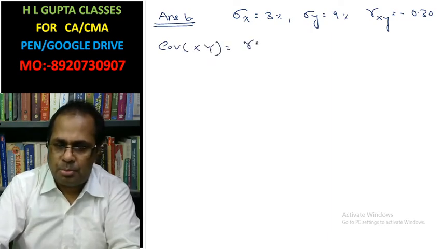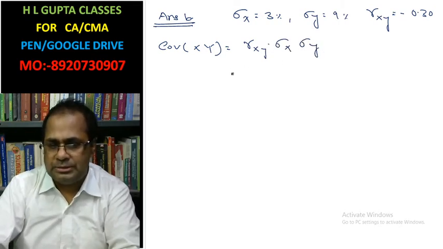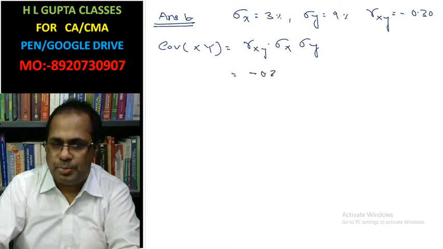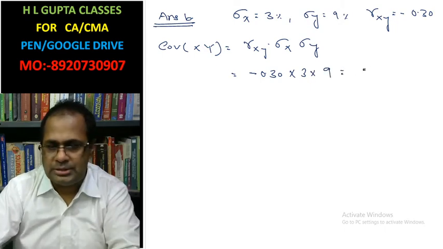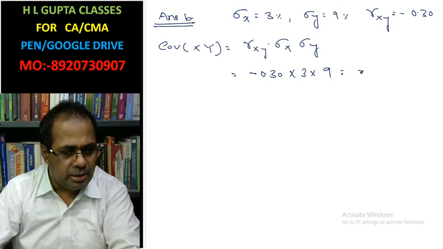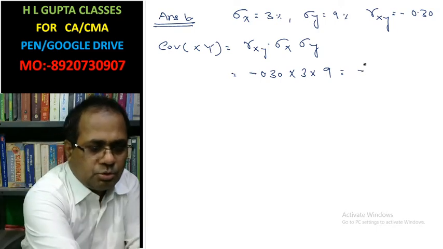Covariance XY means the coefficient of XY times standard deviation X times standard deviation Y. This is minus 0.30 into 3 into 9.